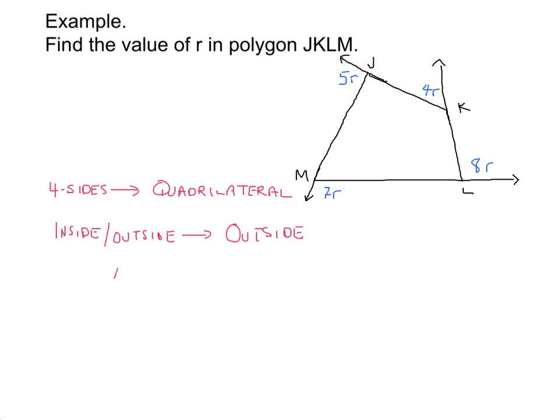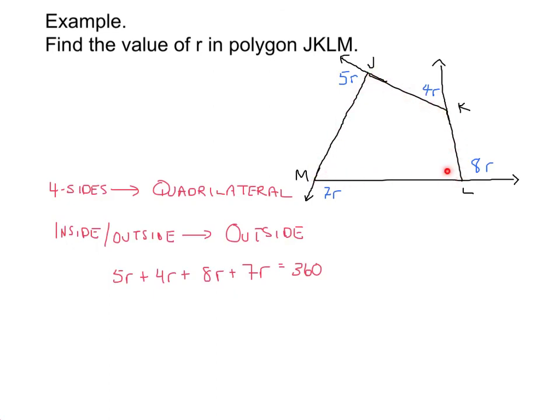So what we can say is 5r plus 4r plus 8r plus 7r is equal to 360. Now it is important to note, remember, if these were on the inside, then you would not set it equal to 360, because the interior angles don't add to 360.